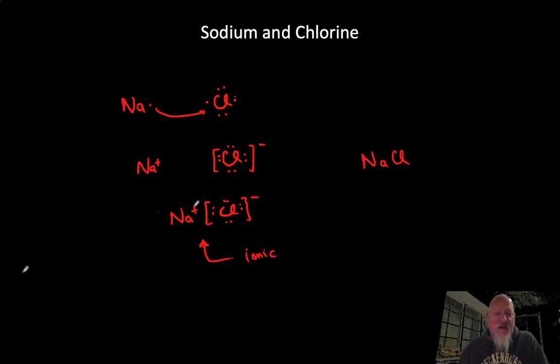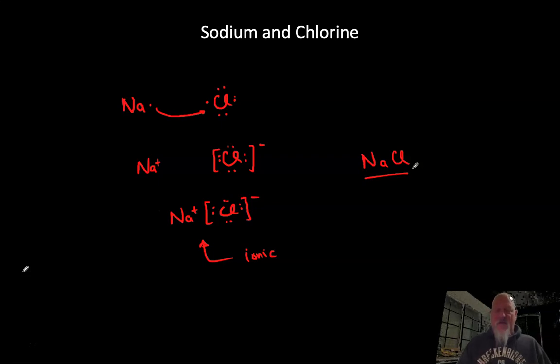If I take a Na plus and a Cl minus, the plus and the minus neutralize each other, and I get NaCl as a neutral system. So what we're doing when we write the formula is making sure that I've got the right ratio of cations to anions to make it neutral.